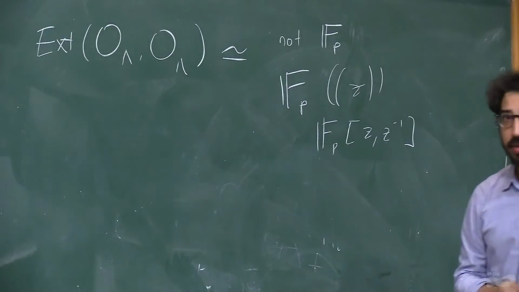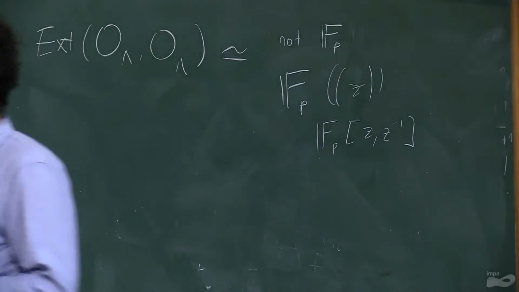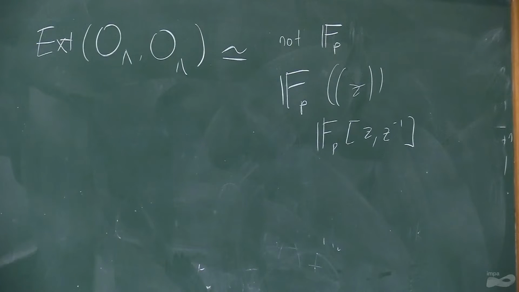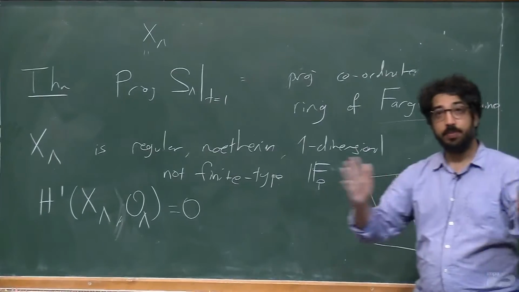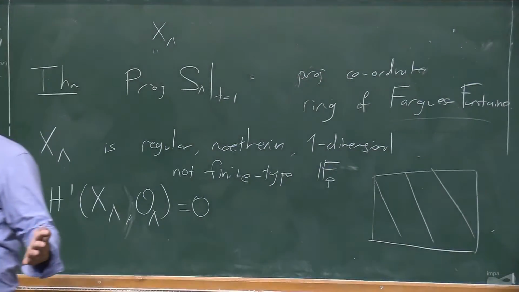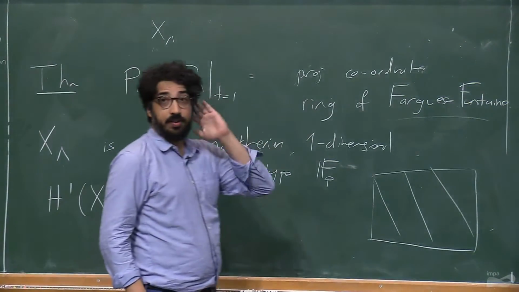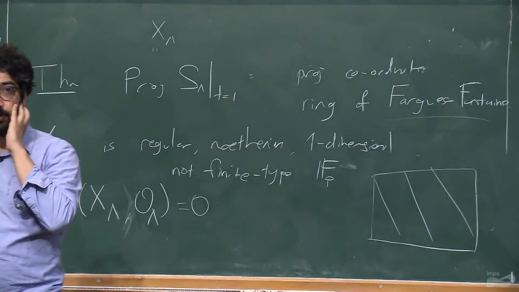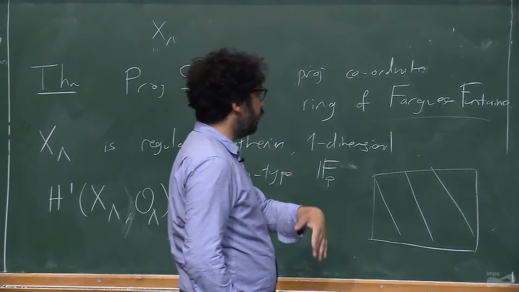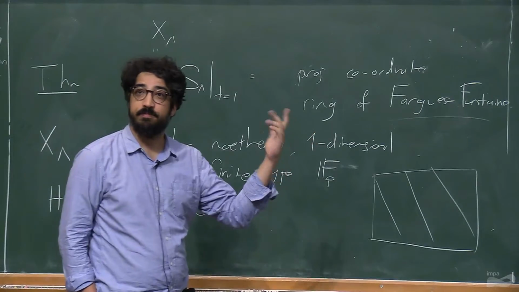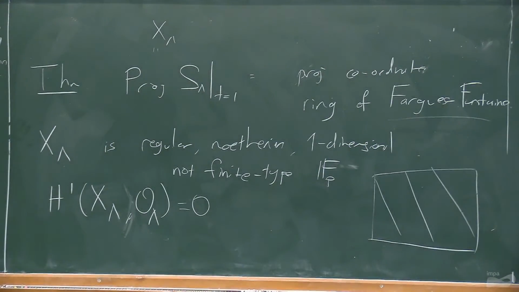So H^1 is 0, but it's actually a curve over not just F_p, it's a curve over something bigger. So what it means is that there should be an action of z on the other ones, right?